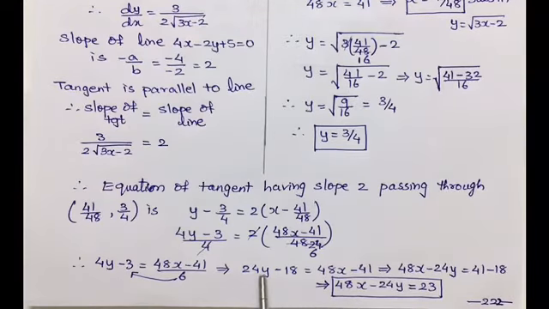Shifting LHS to RHS, the equation becomes 48x minus 24y is equal to 41 minus 18, and the final equation of the tangent is 48x minus 24y is equal to 23. So this is how the equation of the tangent is calculated.